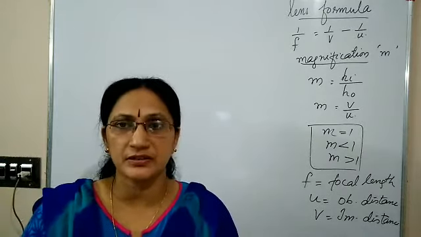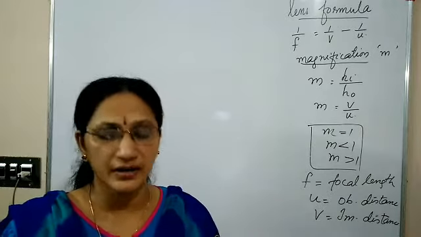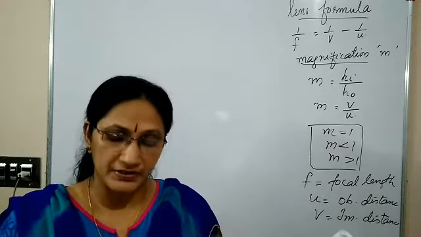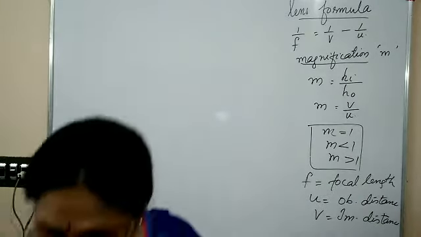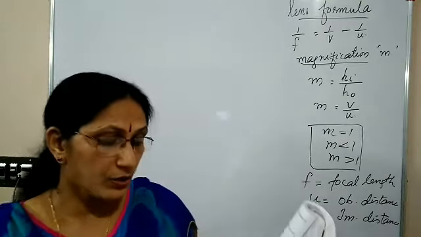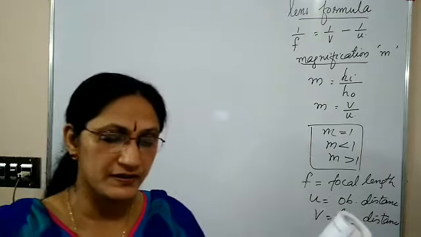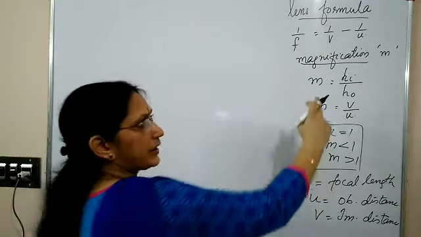Now, let me discuss some exercise questions from page number 119. Question number 5. What can you conclude about the nature of images formed by lenses by the sign of magnification?